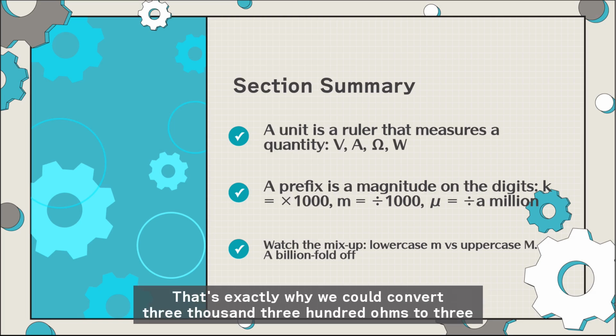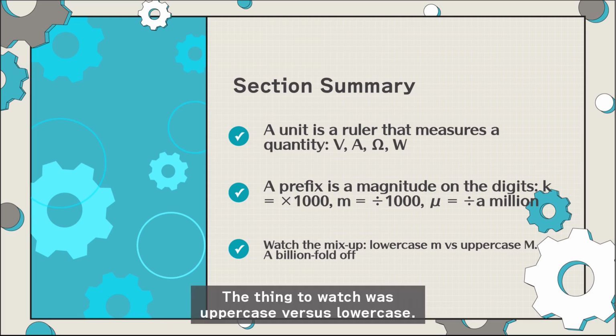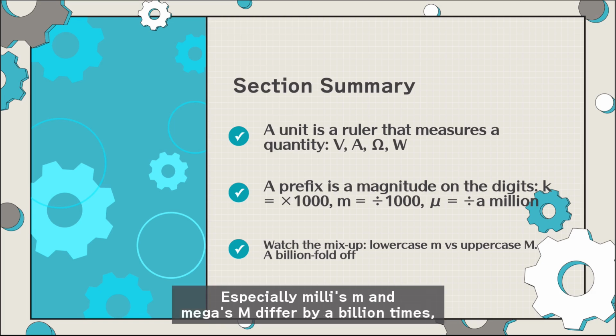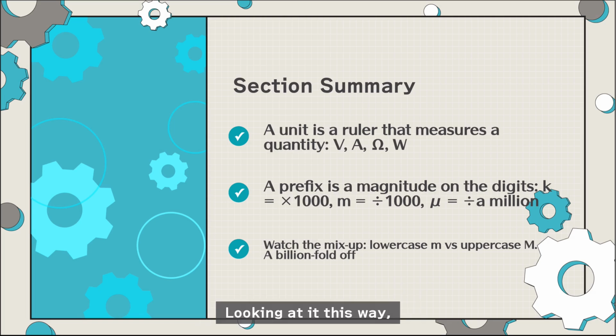That's exactly why we could convert 3,300 ohms to 3.3 kiloohms, short and tidy. The thing to watch was uppercase versus lowercase. Kilo is a lowercase k, mega is an uppercase M. Especially milli's m and mega's M differ by a billion times, so this is the one spot we want to avoid mixing up.